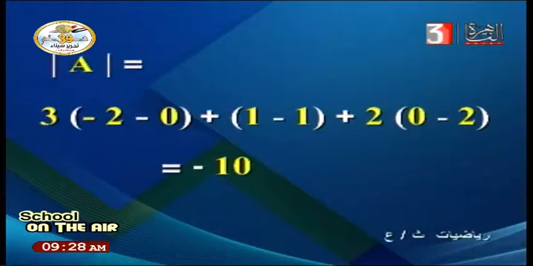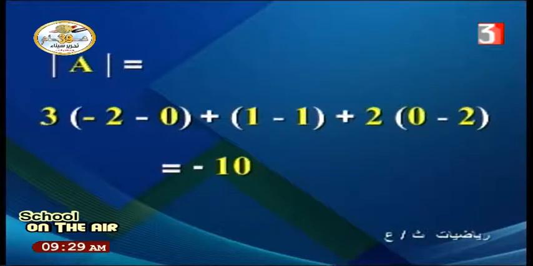The determinant value does not equal 0, then the matrix has a multiplicative inverse. This is the rule: if the determinant of a matrix does not equal 0, then we deduce that the matrix has a multiplicative inverse.